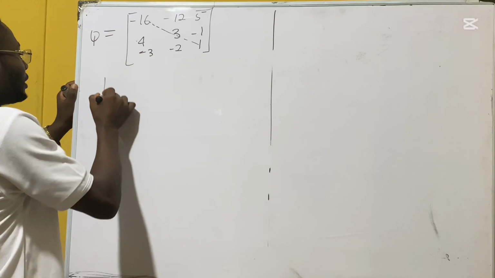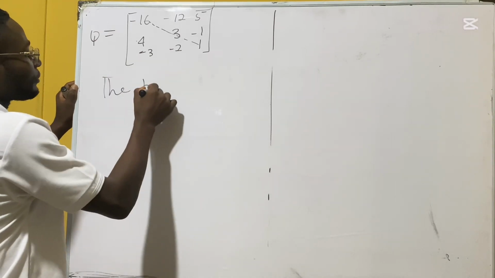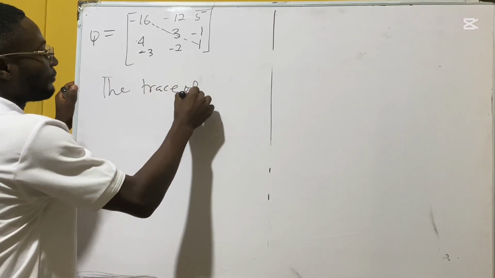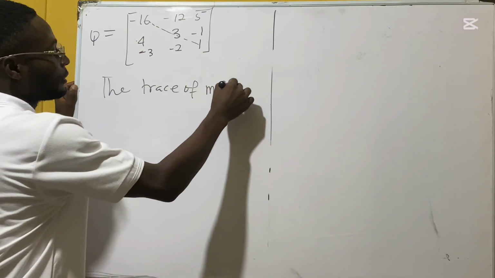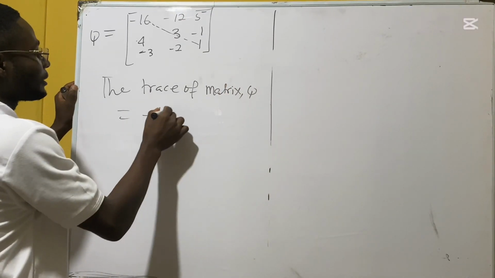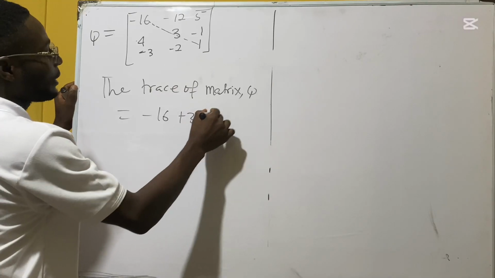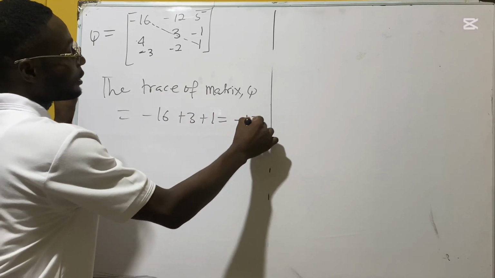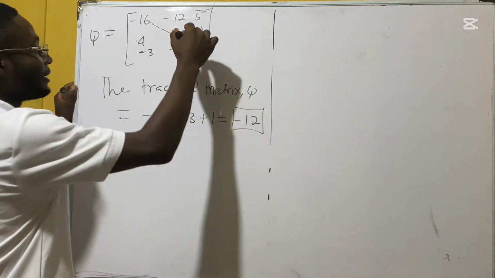So the trace of matrix Q is equal to -16 plus 3 plus 1, and that is equal to -12. So that is the trace.